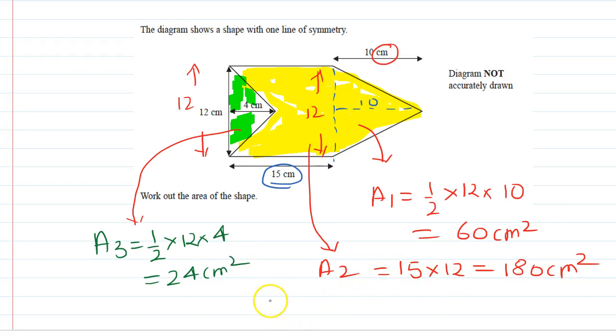So you need to do A1 plus A2 and take away A3. So A1 is 60, A2 is 180 and take away 24. So it comes 216. So this is 216 centimeter square. That is your answer. Now next question.